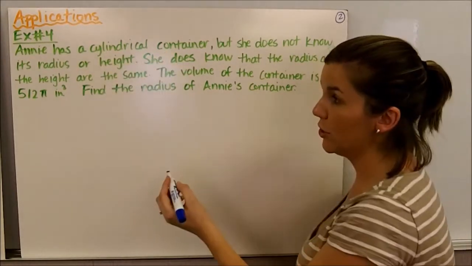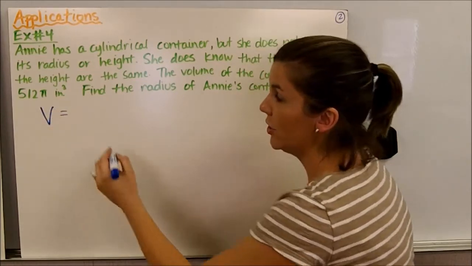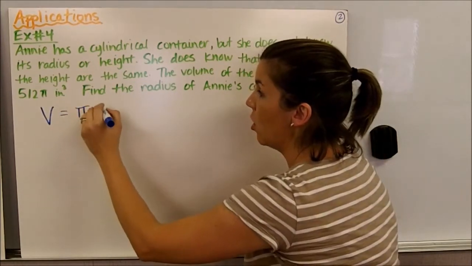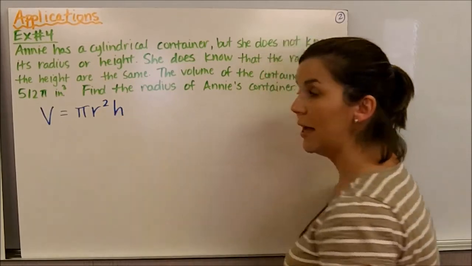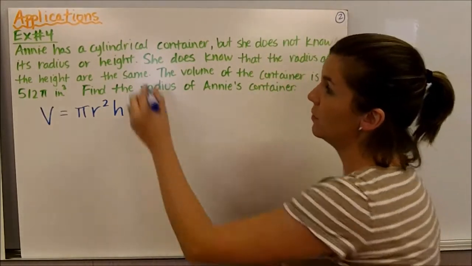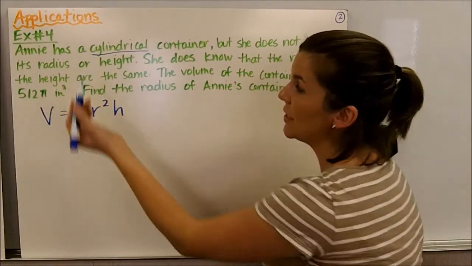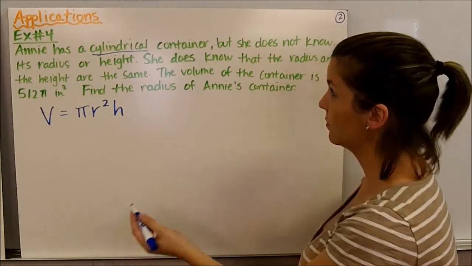So, a cylinder. The volume formula for a cylinder is pi r squared h. So pi times the radius squared times the height, because we have a cylinder. The radius and the height are the same.